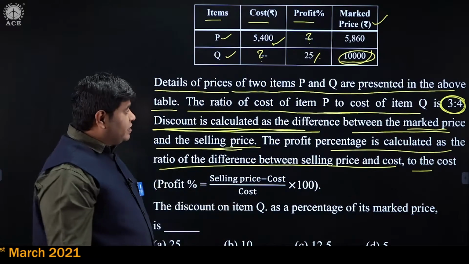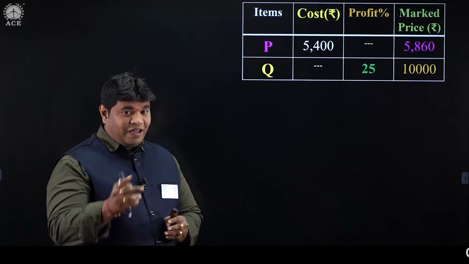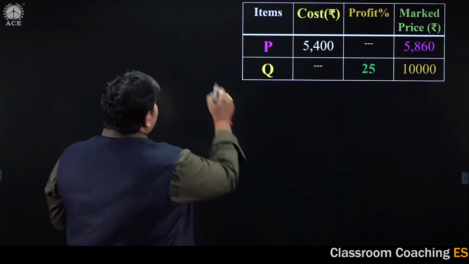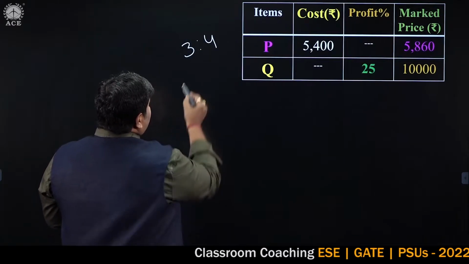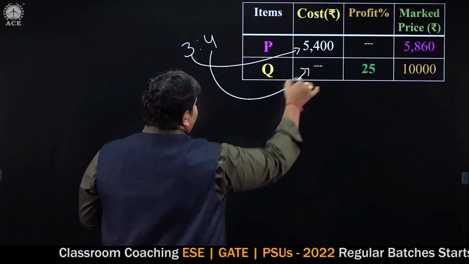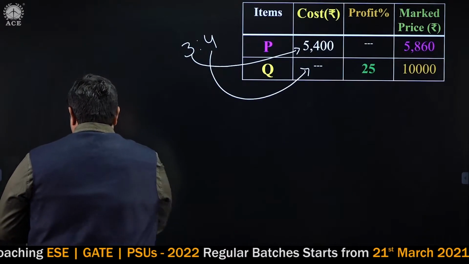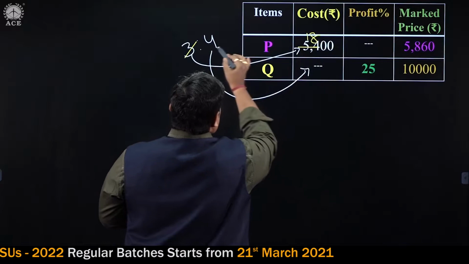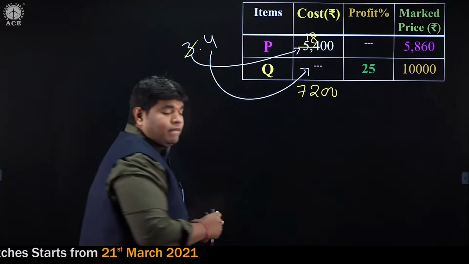But I will take it step by step. Observe. Cost price ratio 3:4. So 3 parts is 5400, and I want 4 parts. 3 parts 5400 means each part is 1800, so 4 parts, 7200, is the cost price.